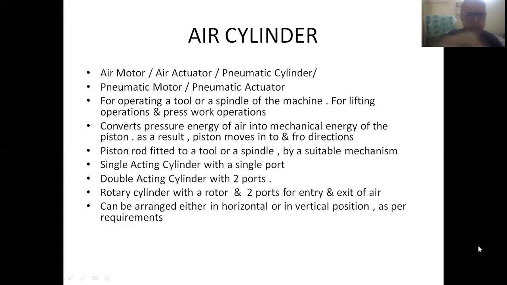So friends, we have two types of cylinders, single acting cylinders and double acting cylinders. One port is sufficient for single acting cylinder, and two ports are required for double acting cylinder. So we have seen the arrangement of double acting cylinder in the pneumatic circuit.